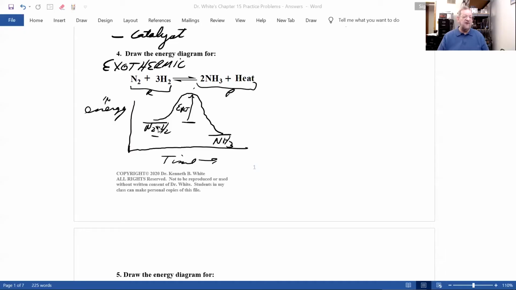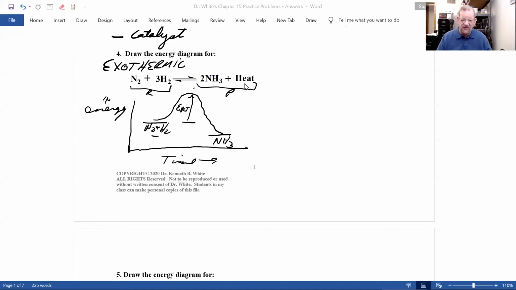Now, so we have an initial energy of our reactants. Now, the next question you have to answer is the ammonia, which is the only product you put on an energy diagram, you don't put heat on the diagram, is it more, the same, or less than the energy of the reactants? Well, notice you lose some of the energy as heat.